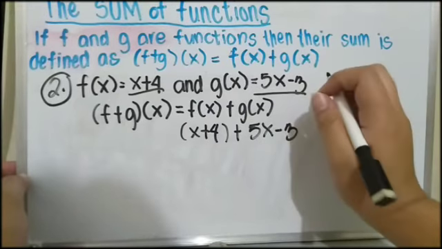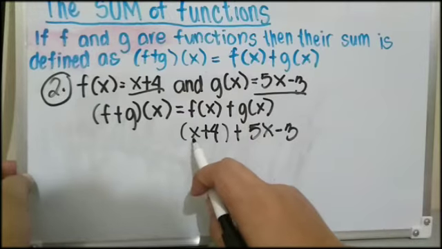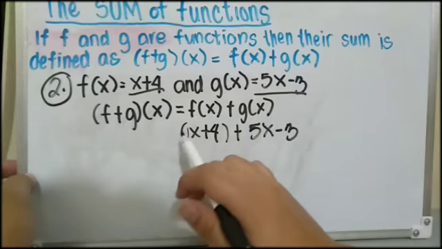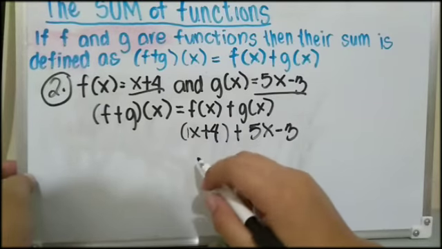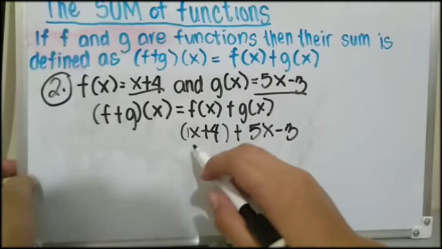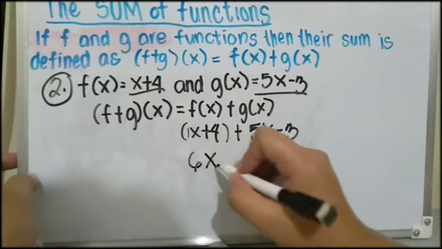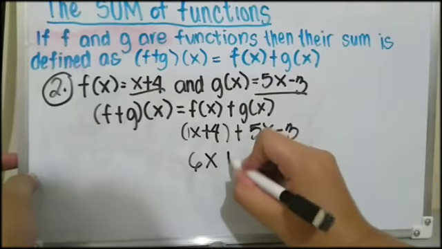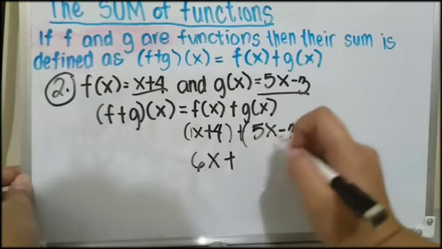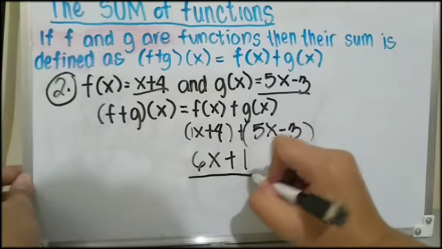Consider that the x always has one visible coefficient of 1. So all you need to do is to add the terms with the same variable. So this would be 6x plus 4 plus negative 3, so that would be positive 1. So that is your answer for number 2.